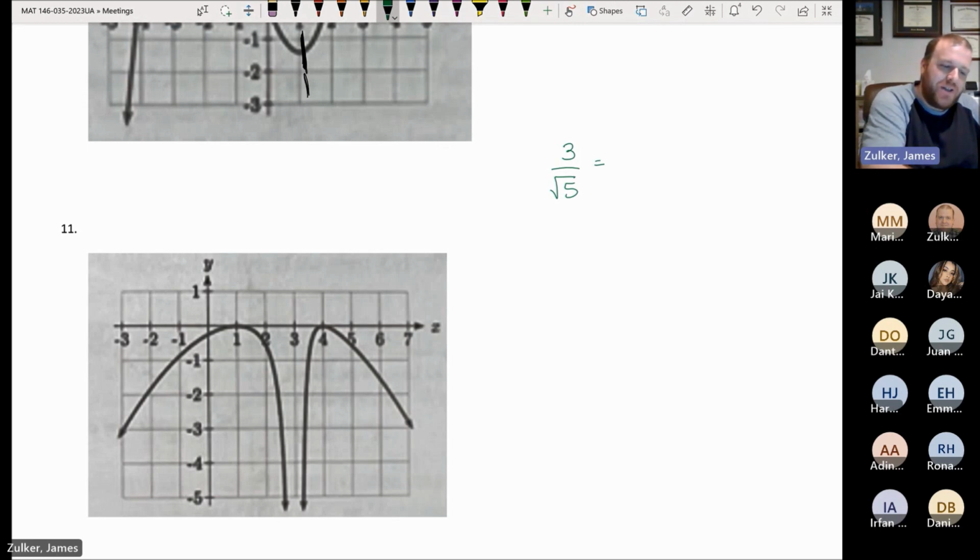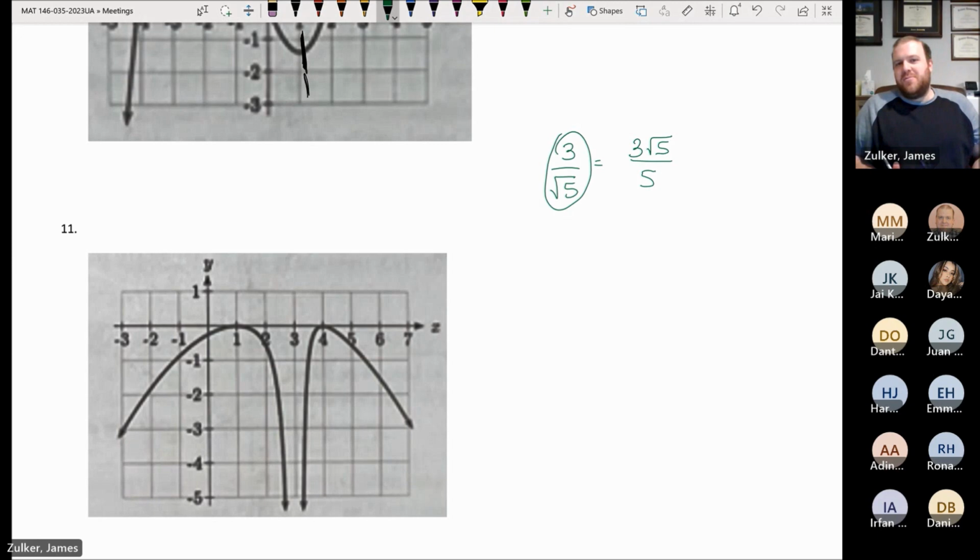You were told you have to write it this way because you're never allowed to have radicals in the denominator. Yeah, that's a lie. That's typically how we would leave it written.